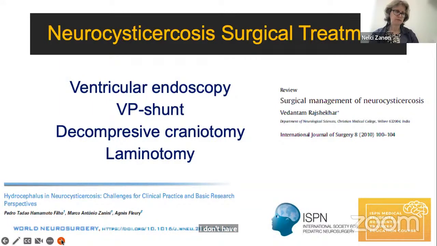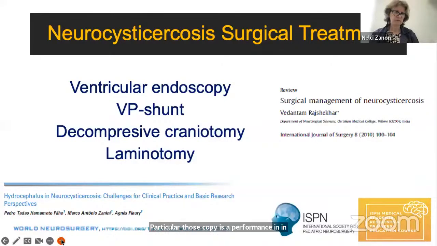Laminotomy is another procedure when the person has spinal neurocysticercosis.